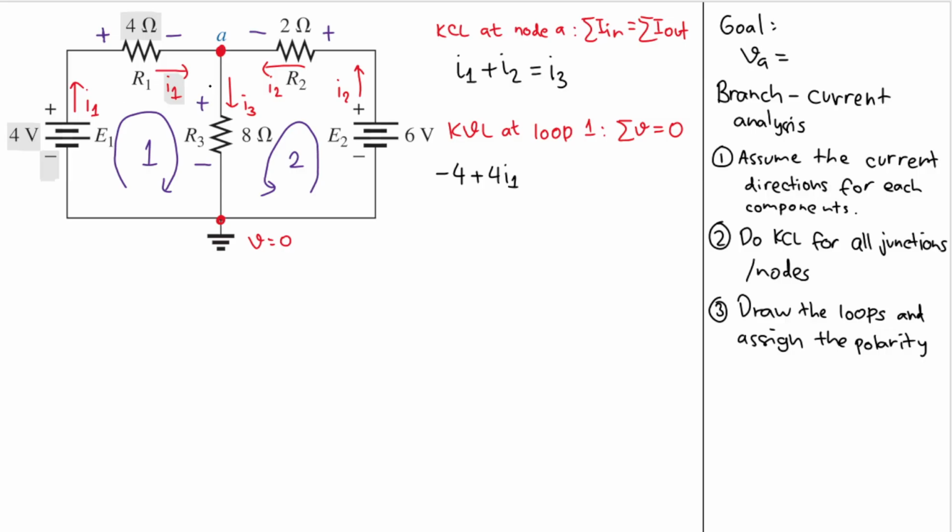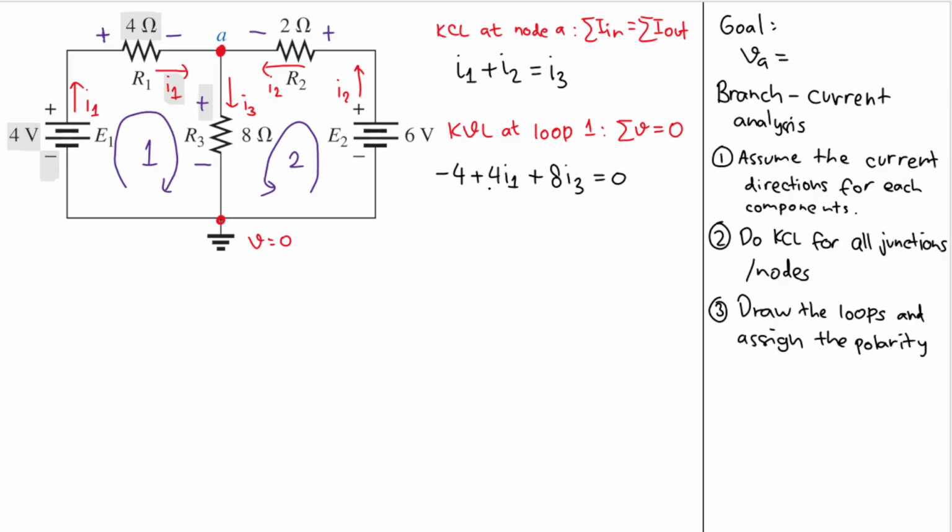Now let's move on to resistor number 3. Again, it enters from the positive terminal, so I will have a positive sign. We have 8 ohms here, and to get the voltage, we multiply it by the current, and the current that passes through R3 is I3. So I will have 8I3, and all of that will equal 0.